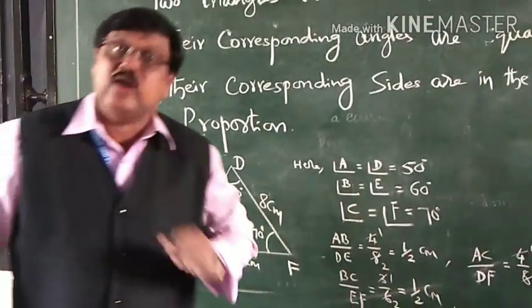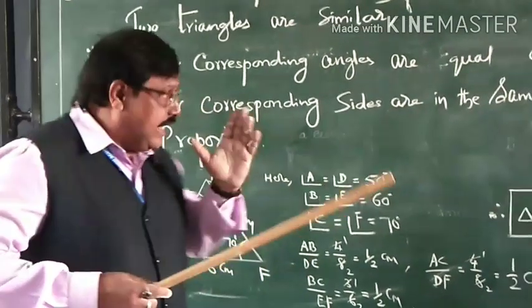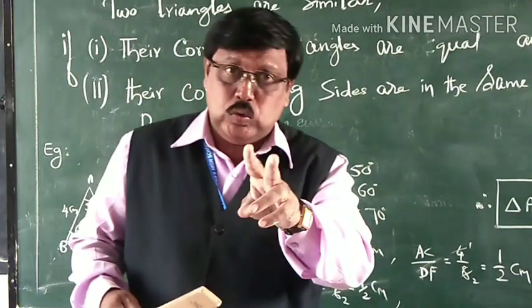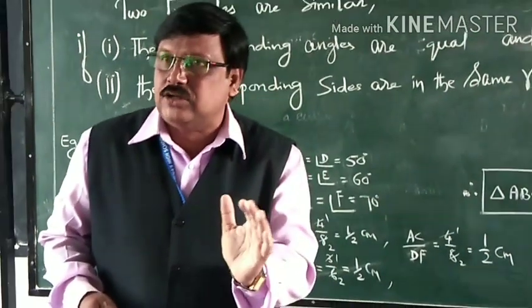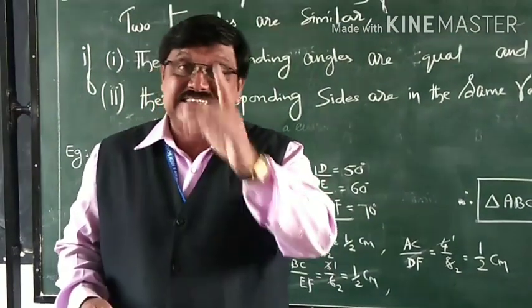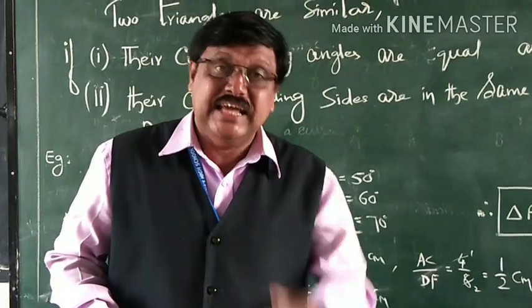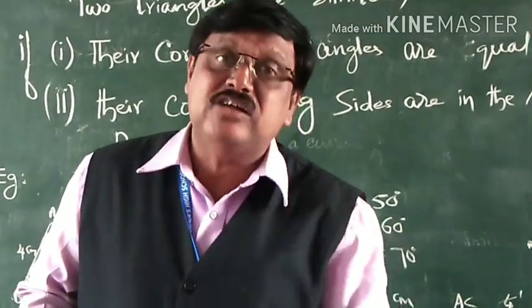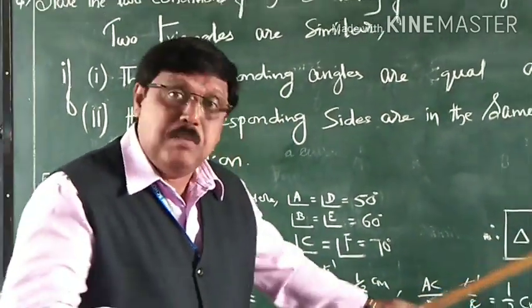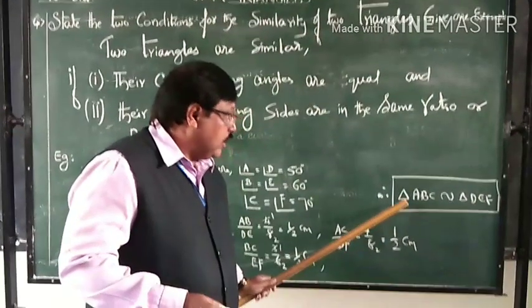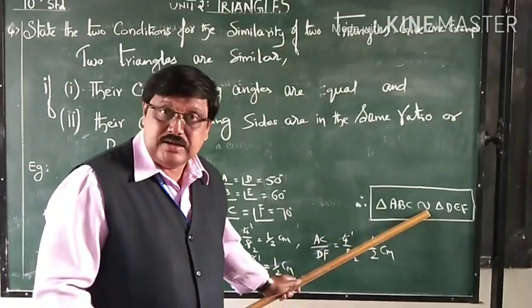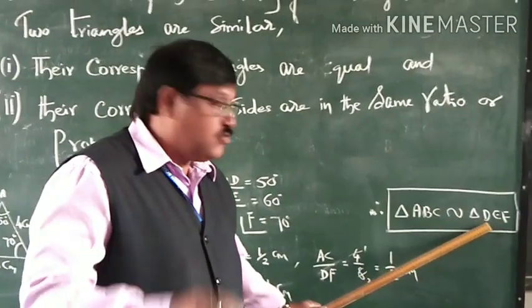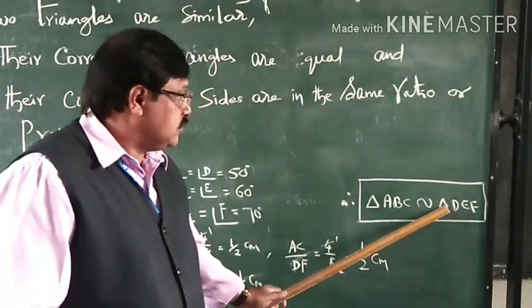They are equiangular. Like this, if in any two triangles the corresponding angles are equal and the sides are proportional, then you can say that two triangles are similar. The symbol is triangle ABC, this is the symbol for similar triangles, similarity between two figures, triangle DEF.